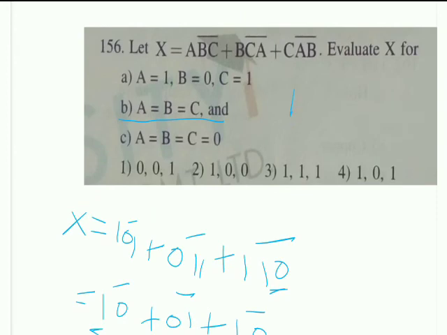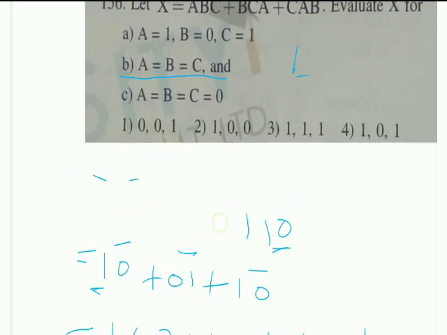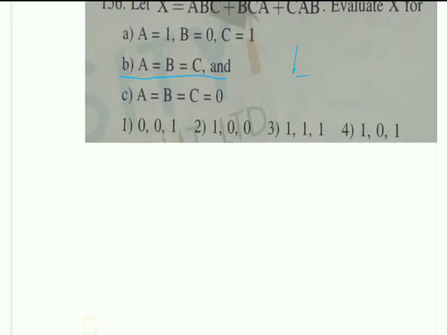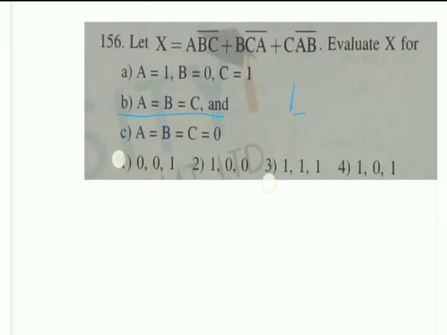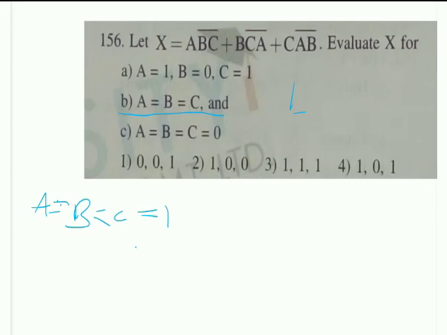X is equal to 1, first one. And option B, A is equal, B is equal, C is equal to 1. From the above equation, 1 complement 1 1 1 plus 1 complement 1 1 1, and 1 complement 1 1 1.